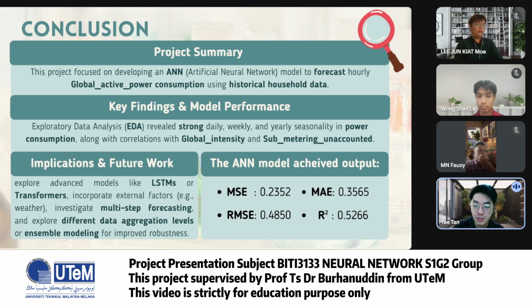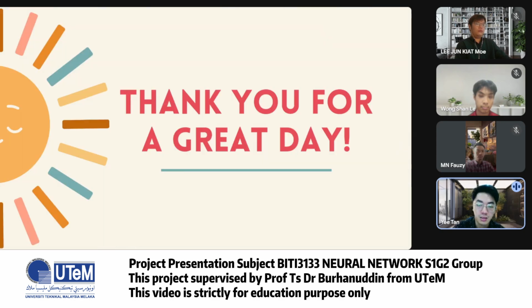That's the final output of the ANN: MSE 0.2352, RMSE 0.4850, MAE 0.3565, R square 0.5266. That's all. Thank you.